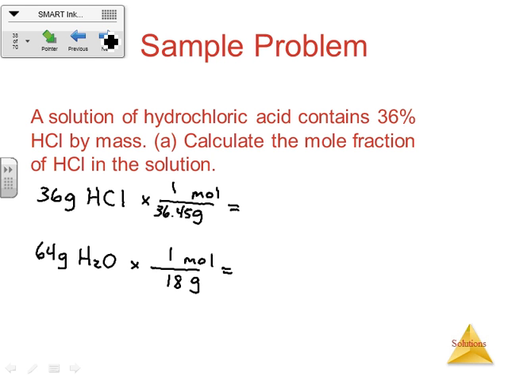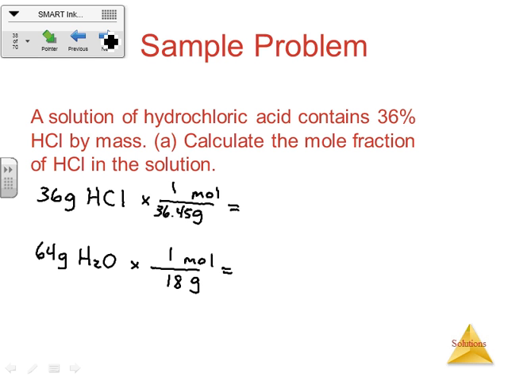Okay. Are we alright so far? You guys understand what I'm doing here? Just getting everything to moles because that's what we need in order to do a mole fraction. Oh wow, yeah. 0.9876543, and if you round to 10 sig figs, then it's 0.987654321.